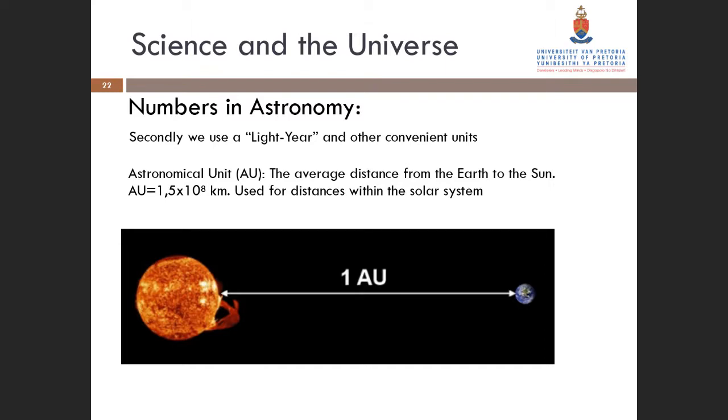Mars is further away: you have Mercury, Venus, Earth, Mars. So the distance from the Sun to Mars will be larger. The distance is not constant because, let me see if I can get a whiteboard to work here.